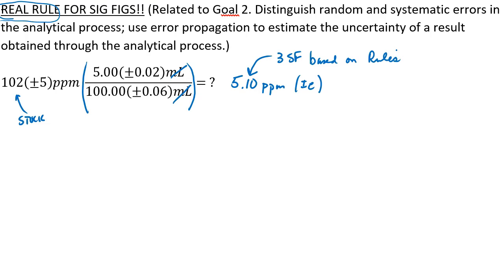But let's go ahead and propagate some error. We're going to have to follow the rules for multiplication and division, which means that we're going to have to convert all of these absolute errors into percent relatives.